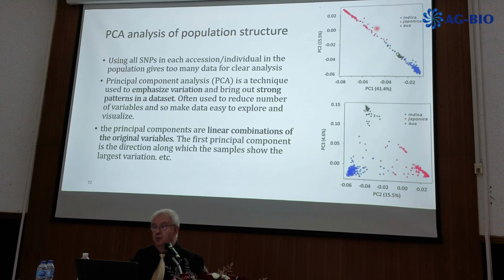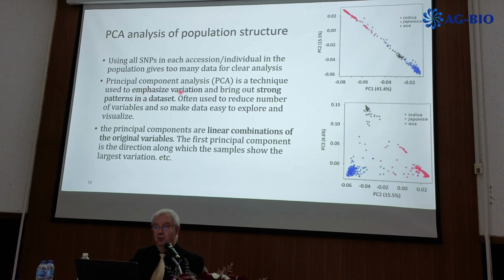Here you have a principal component analysis in which you compare principal components 1 and 2. Most of these plants lie on a straight diagonal, but if you use principal components 2 and 3, then you can separate the subpopulations, giving clear information about the population relation of these different plants.